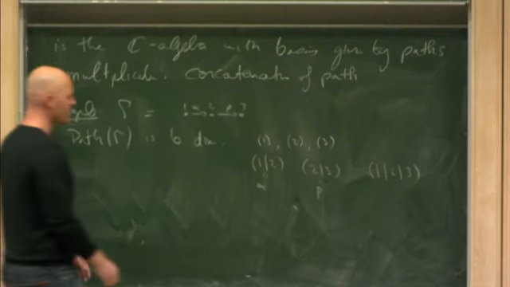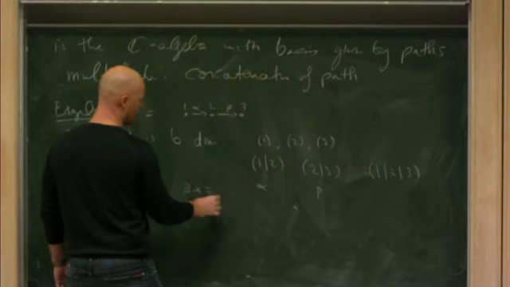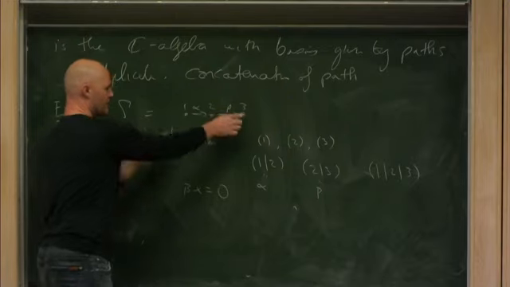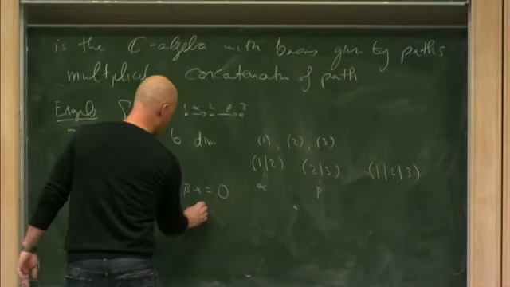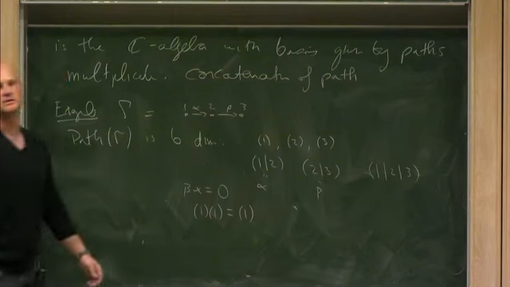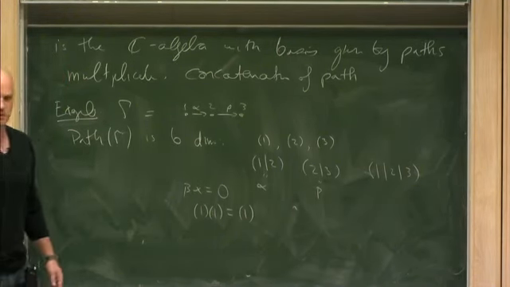And note that, for instance, if you do beta times alpha, that's 0. If you do beta first and then alpha, beta ends at 3, alpha starts at 1, so that product is 0. Also, note that 1 times 1 is 1. The length 0 paths are idempotents.